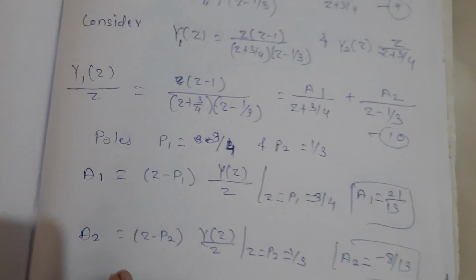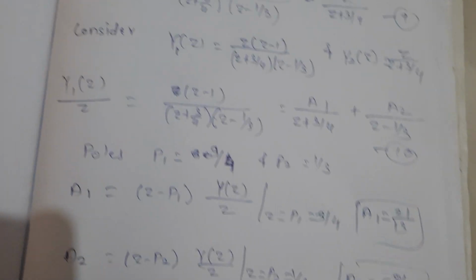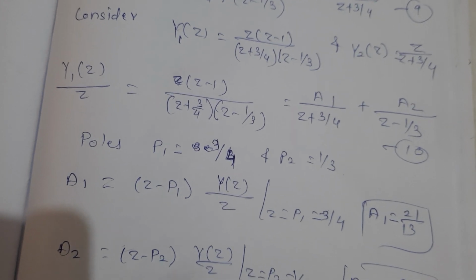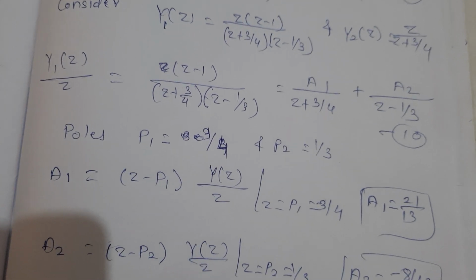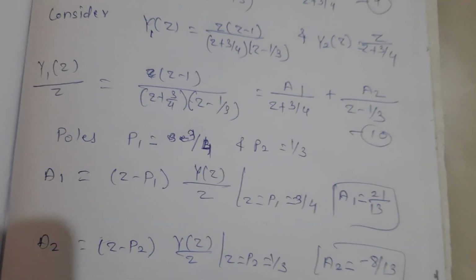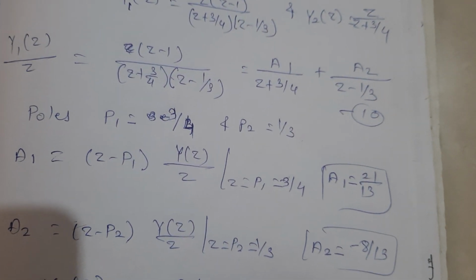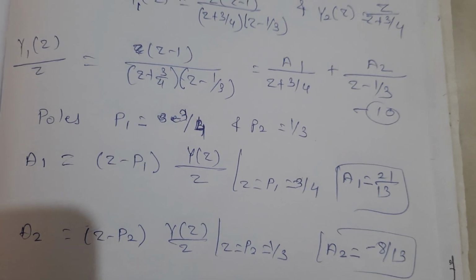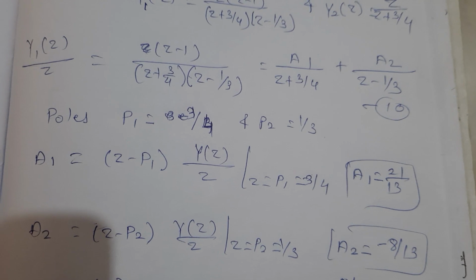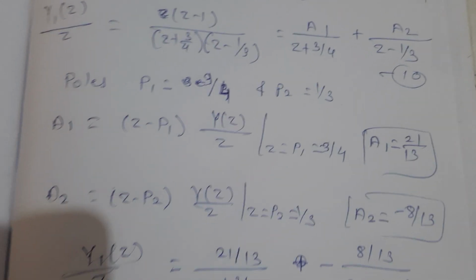So equation 10 is y1 of z by z is equal to 21 by 13 divided by z plus 3 by 4, minus 8 by 13 divided by z minus 1 by 3.